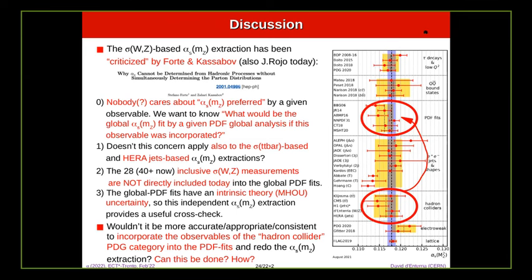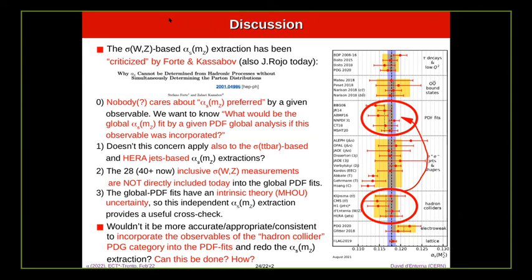I think there will always be the extraction of parameters by the experimental groups, who explore their data first, and then at a later stage it will be used by the global PDF fits. We will never get rid of this before we have finalized the running at the LHC. It may be too optimistic to think this will happen in the very next round of global PDF fits. Exactly.